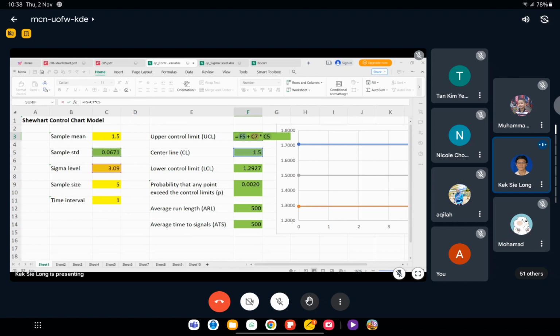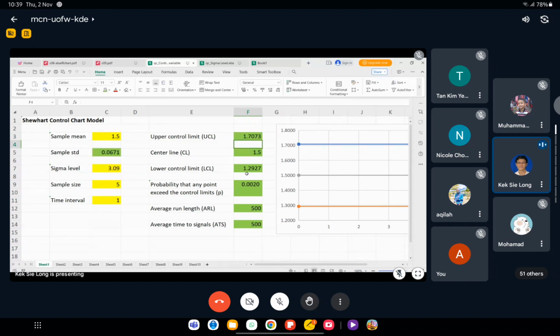So read the value and put the value in the formula to calculate the upper control limit. If you don't want to click, you can do as I did just now: just type equal F5 plus C7 times C5. Just type the position of the value located.